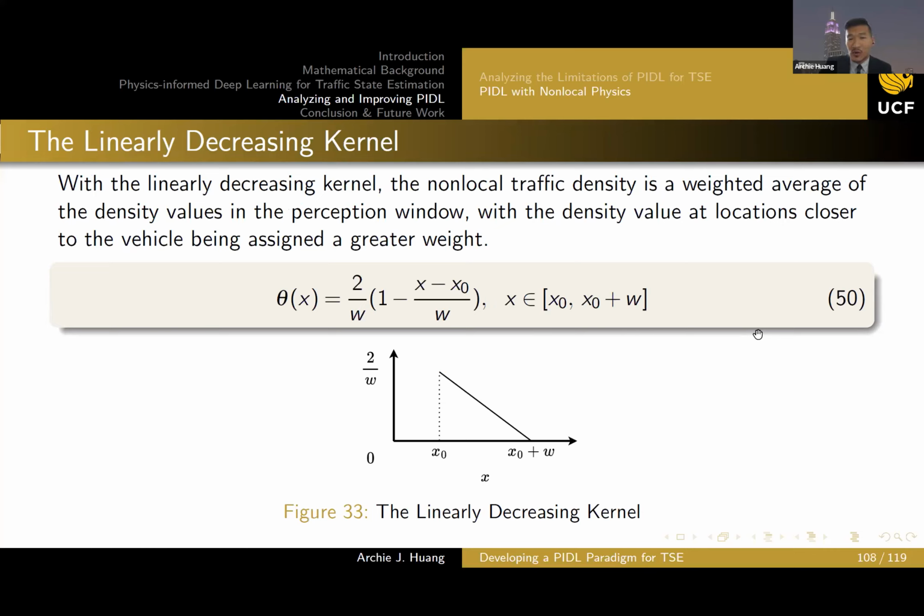This linearly decreasing kernel will assign a higher weight to traffic density that's closer to the vehicle, and density further away will be assigned less weight in this convolution.